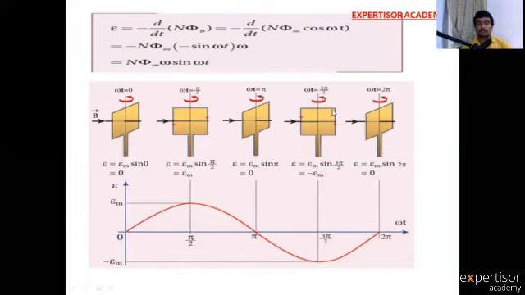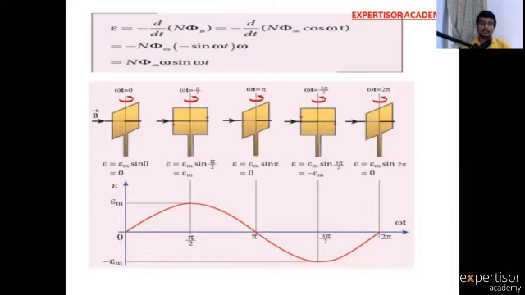Another rotation gives 3 pi by 2, where the value is maximum but in the opposite direction, minus phi m. Then 2 pi is the angle, and sin 2 pi is equal to 0, so again the EMF is 0. These are the different orientations represented by the sine wave.